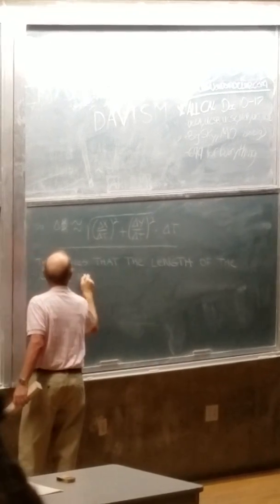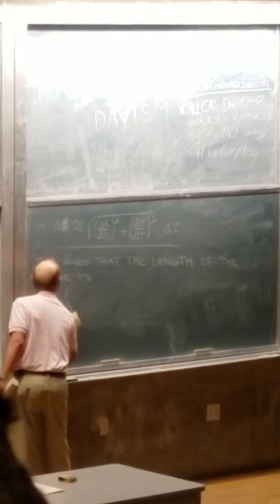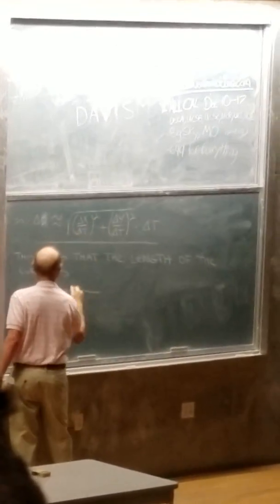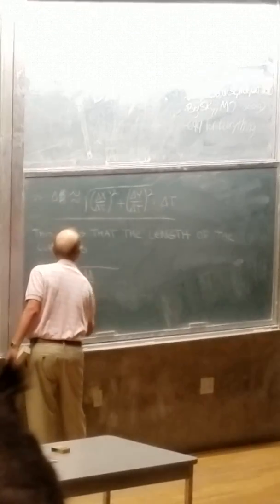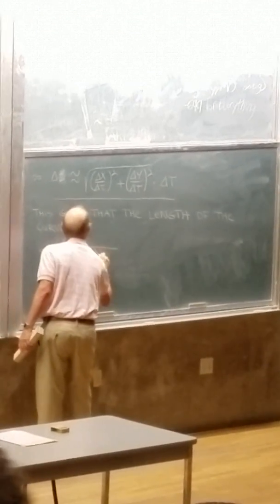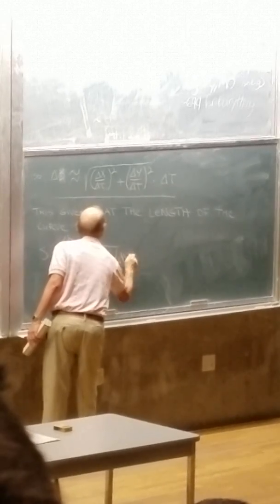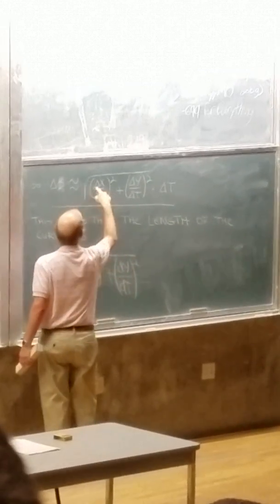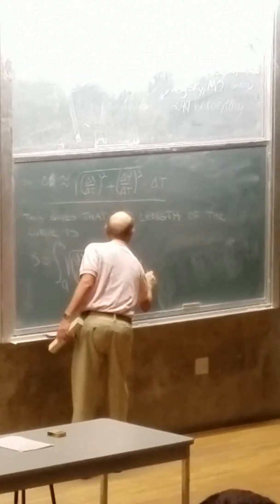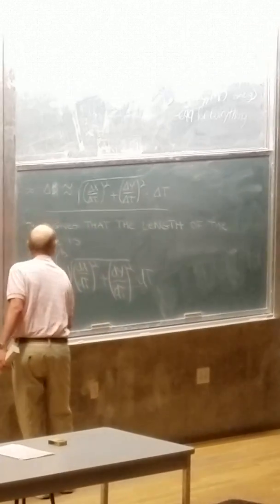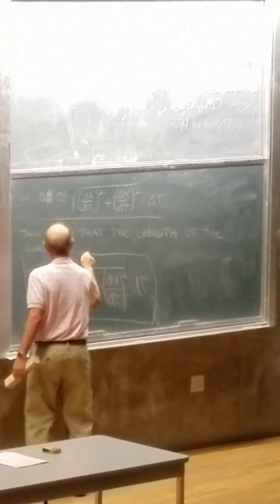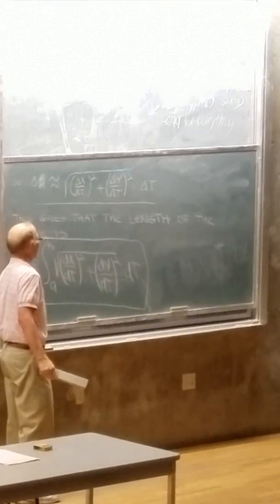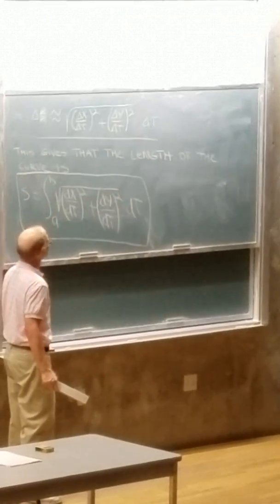So the length of the curve is given by s equals the integral from a to b of the square root, and then I'm going to change all these deltas to d's. In other words, you get the square root of (dx/dt) squared plus (dy/dt) squared, integrated with respect to t. So in the arc length formula, when you take a limit, these deltas become d's, and you get a derivative inside the square root.